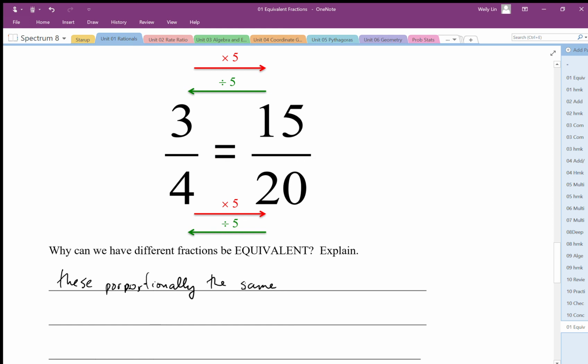Okay? This word proportionally is important because it implies this idea of the same rates and proportions, or the same times and divide. And maybe I should even state that. So the times and divide is the same. Times and divide are the same on top and bottom.